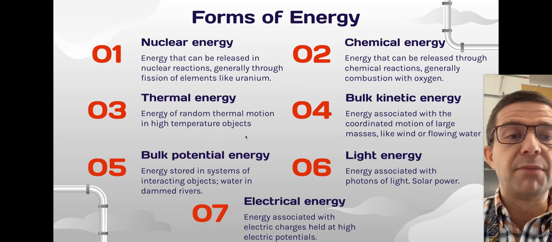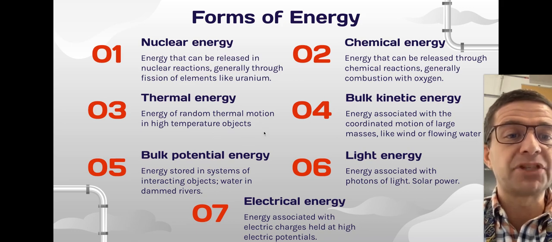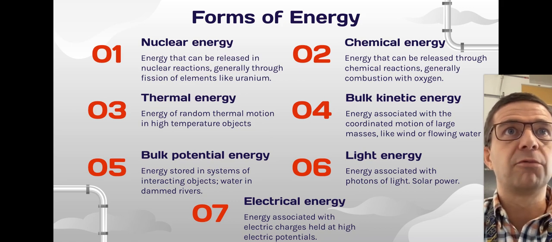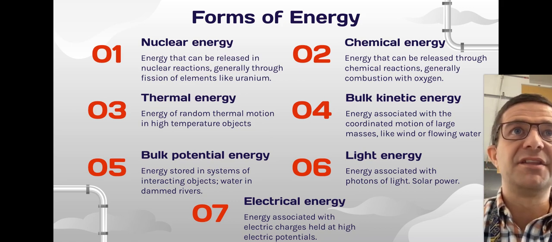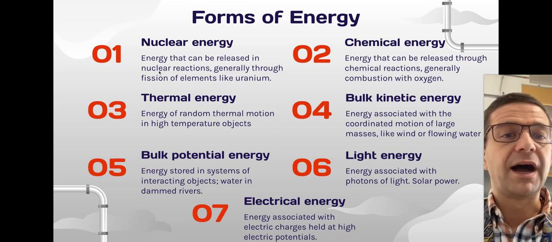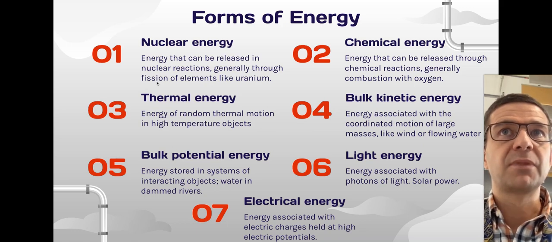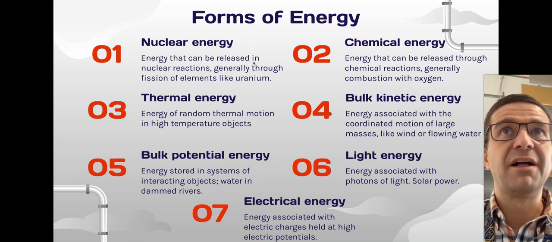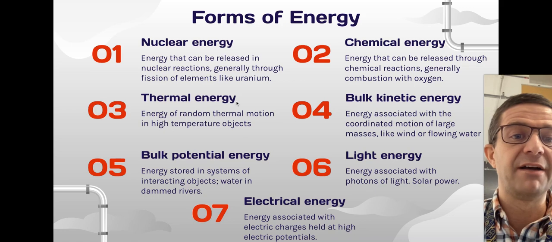Thermal energy, the random motion of objects at high temperatures, that we studied in topic 3 as the random kinetic and the potential energies associated with objects, will in this topic become an intermediary between, say, nuclear energy or chemical energy that is burned or releases energy into a liquid that is used to turn a turbine.